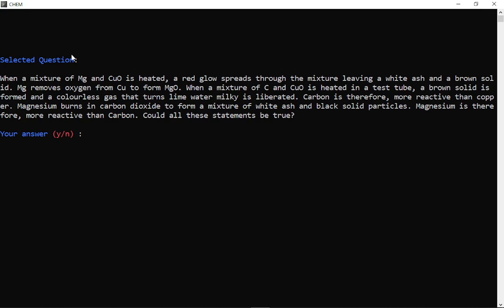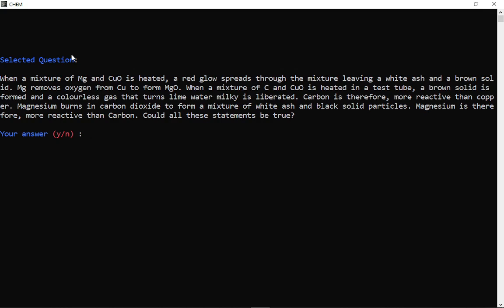Fantastic, that is right. Magnesium removes oxygen from copper to form magnesium oxide. Fantastic. So when a mixture of carbon and cobalt oxide is heated in a test tube, a brown solid is formed and the colorless gas that turns lime water milky is liberated. That is true. So carbon is therefore more reactive than copper.